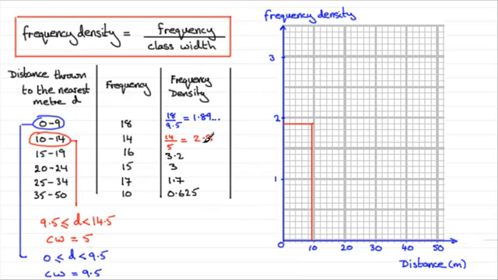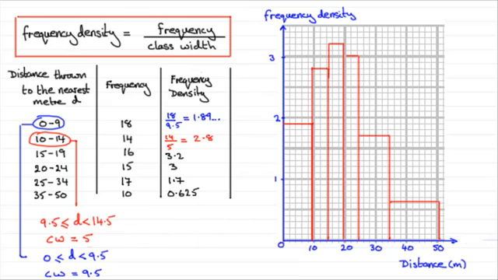You can get these bars having different widths, but you must make sure that they join to one another because you're dealing with continuous data. Another point well worth noting is that if you rearrange this equation for frequency, multiplying both sides by the class width, frequency would be frequency density times class width.